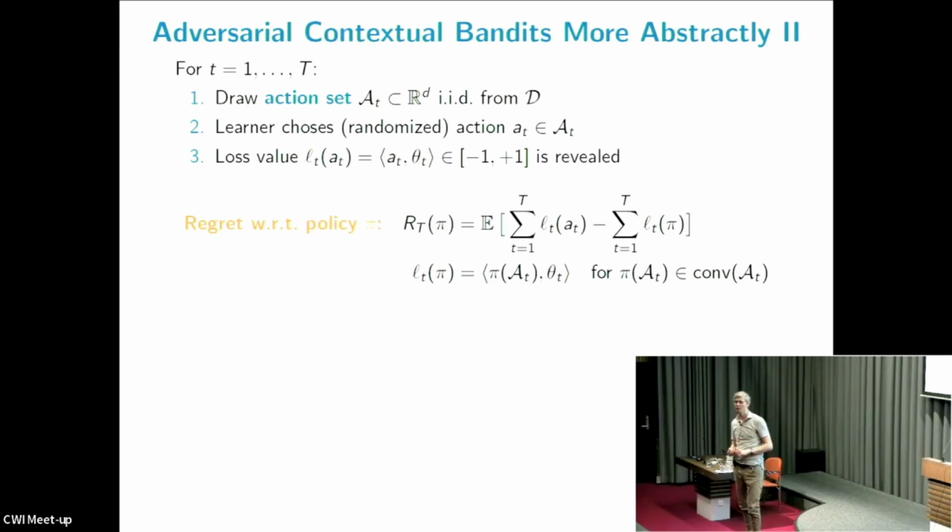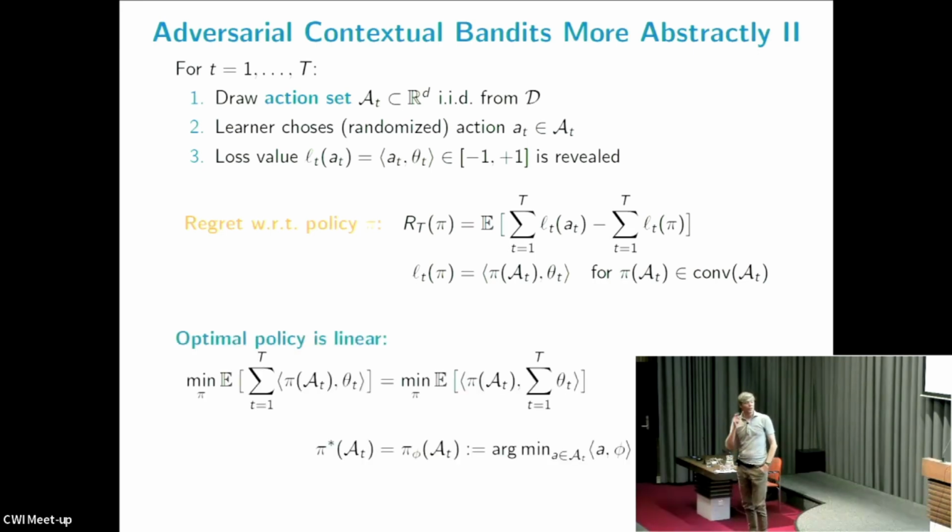Right, this could be complicated. The important thing is that the action sets are still assumed to come IID from a fixed distribution. So that corresponds to having IID context initially. Yes. So at most k elements.